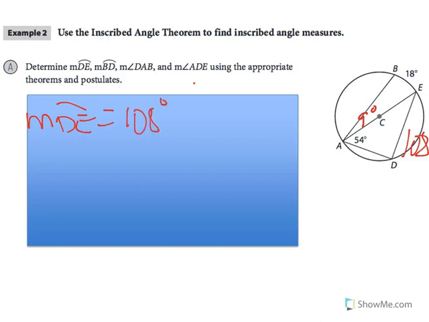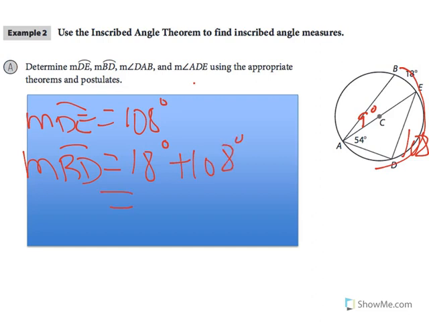Right, so then we're looking for DE, so then we know that DE is 108 degrees, and we're looking for BD, so then BD is this part here, so then the measurement for the arc BD is 18 degrees plus 108, so it would be 126. And then we're looking for the angle DAB, so this part.